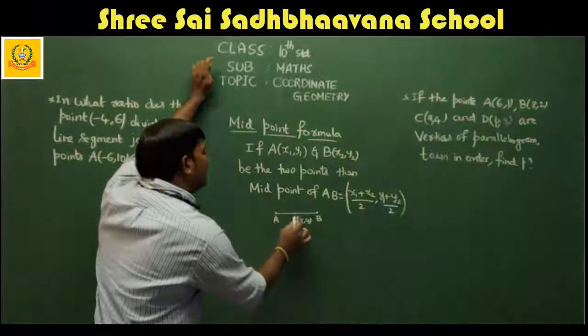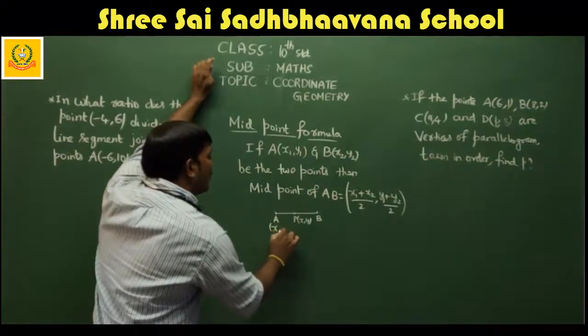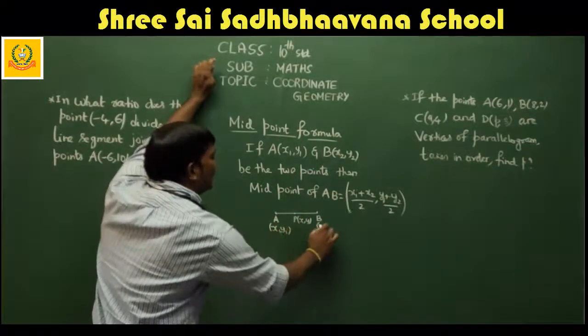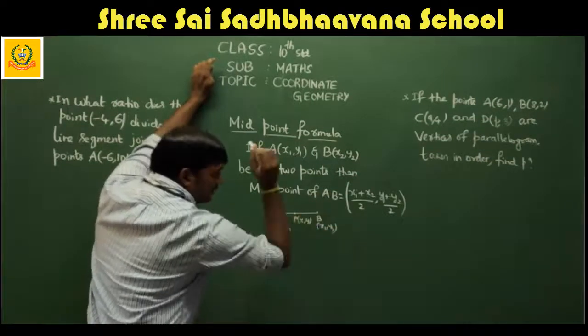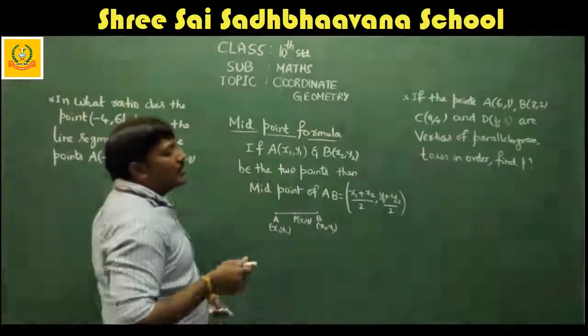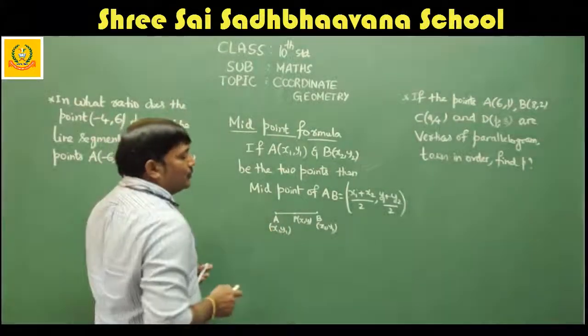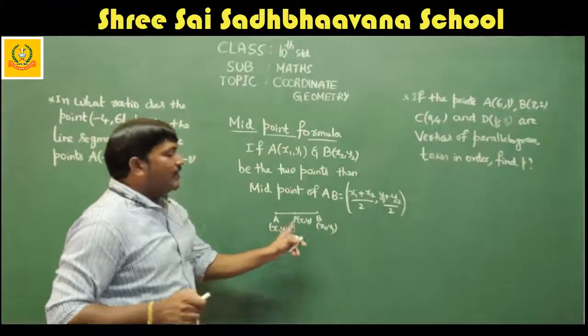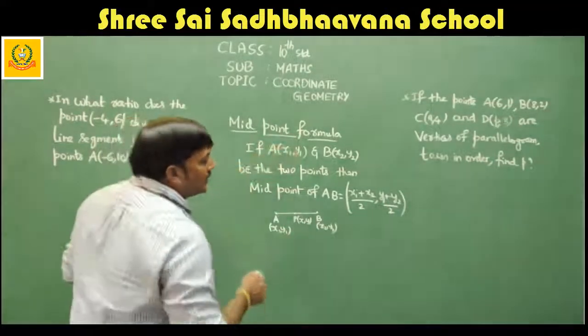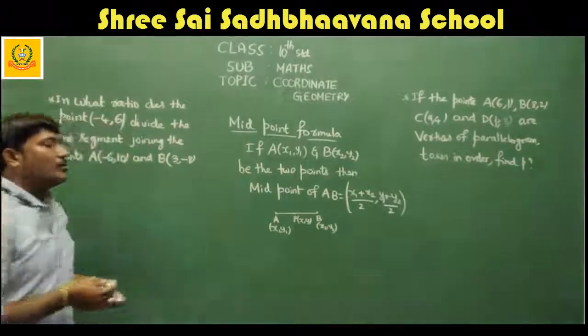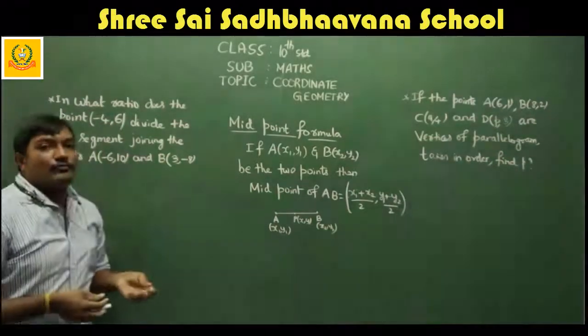So it's very easy. We have x1, y1 here and x2, y2 here. So the midpoint P of (x, y) is (x1 plus x2 by 2, y1 plus y2 by 2). We will use this in the sums, so you have to remember the midpoint formula.